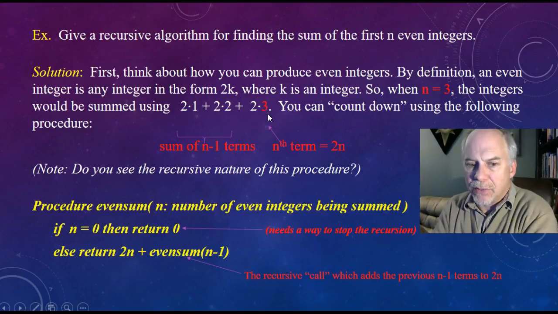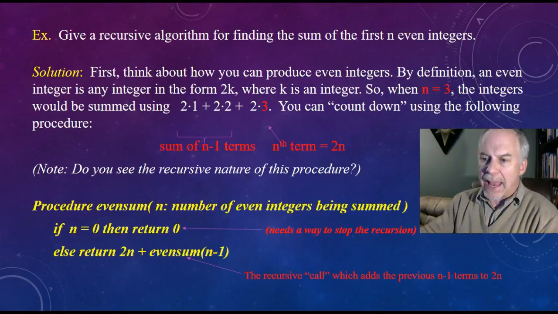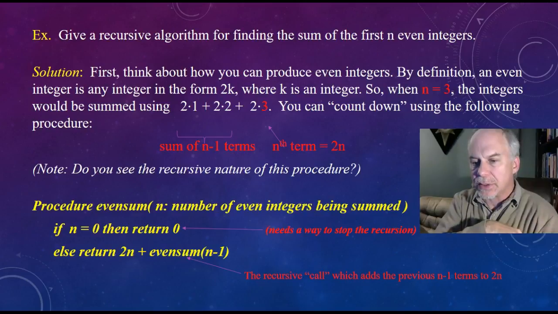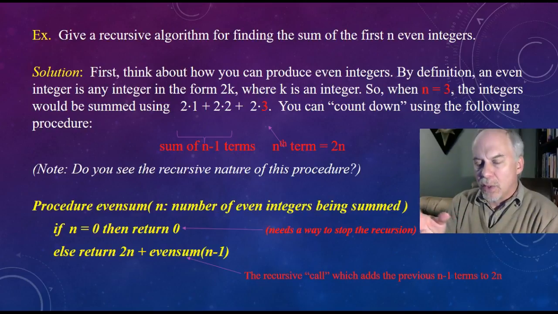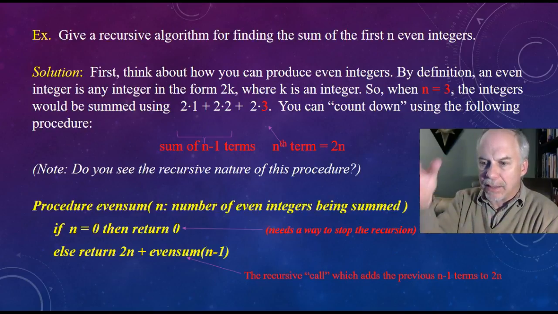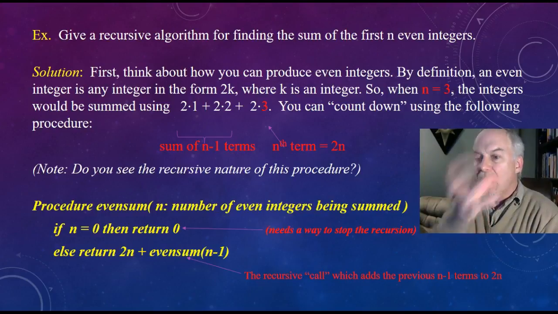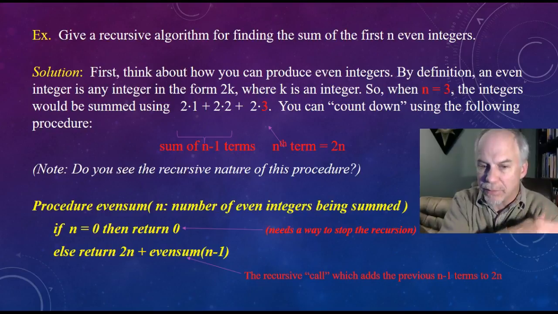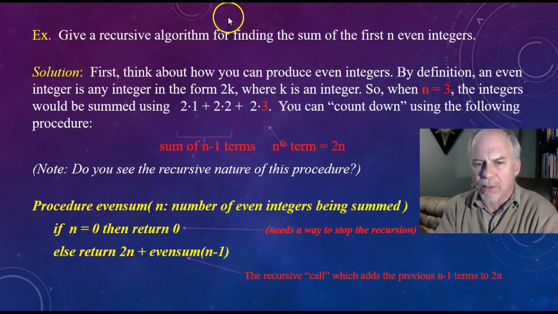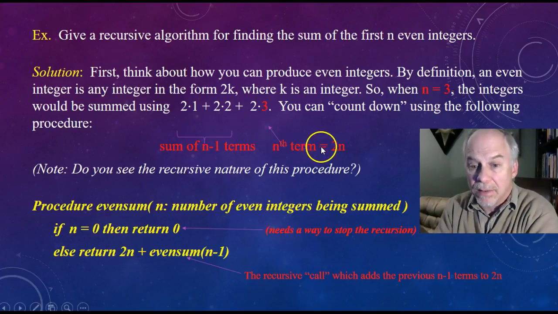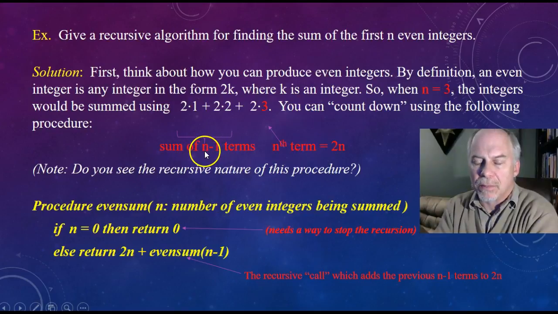But if we wanted to use a recursive thing, we would always be adding the last integer on to the previous sum of the integers. Okay, we want to be adding the nth term to the sum of the previous n minus 1 terms.